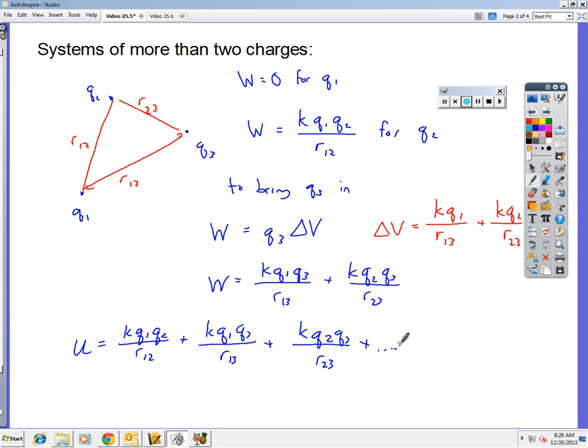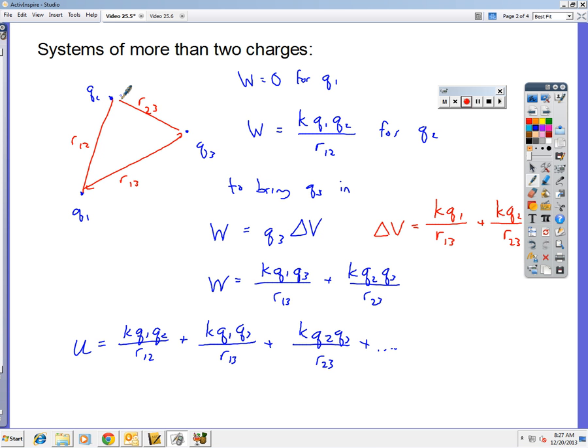For 3 charges, you have 3 two-particle interactions. You have the interaction between 1 and 2, the interaction between 2 and 3, and the interaction between 1 and 3. So essentially, you're adding the potential energies associated with each of those 2-charge interactions. If you add a 4th charge, you have now increased the number of interactions to 6, and you have 6 terms in this.